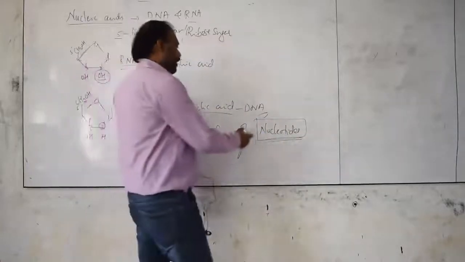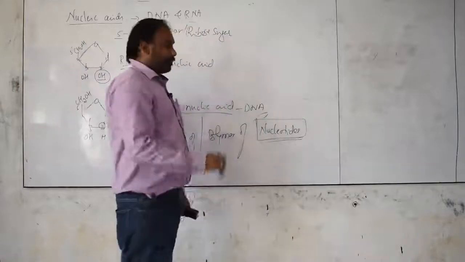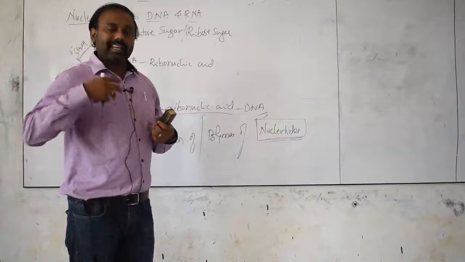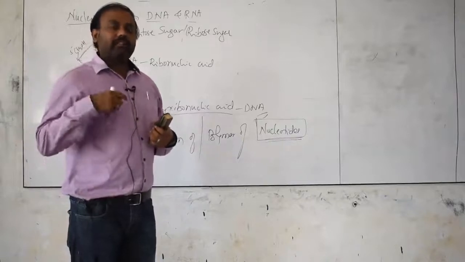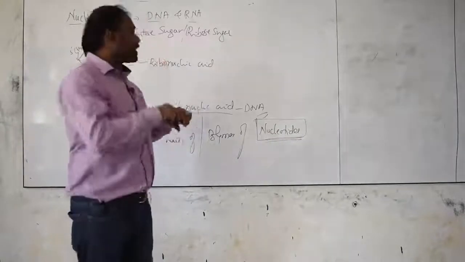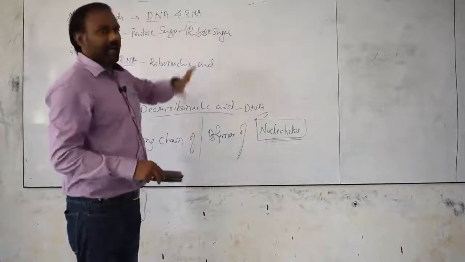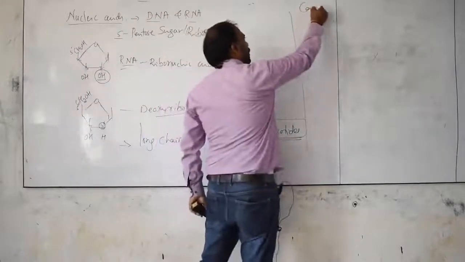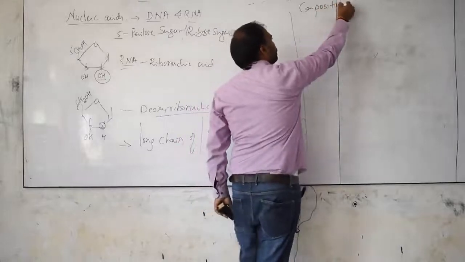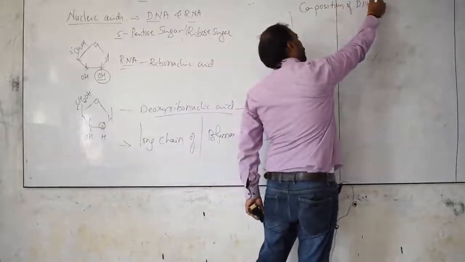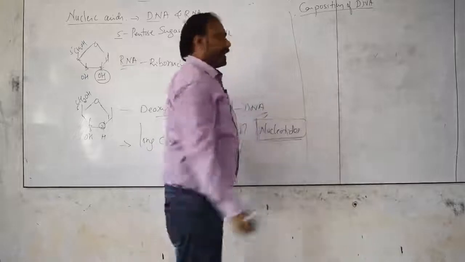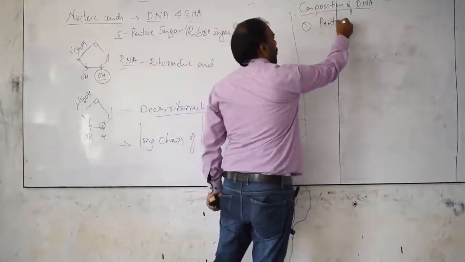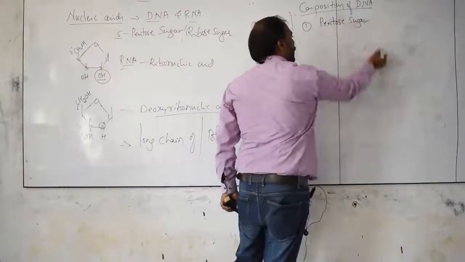Before understanding nucleotides, first we need to understand what ingredients, what different chemical composition, is present in the DNA and RNA. That is the most important concept here, the composition of DNA. First one is pentose sugar.